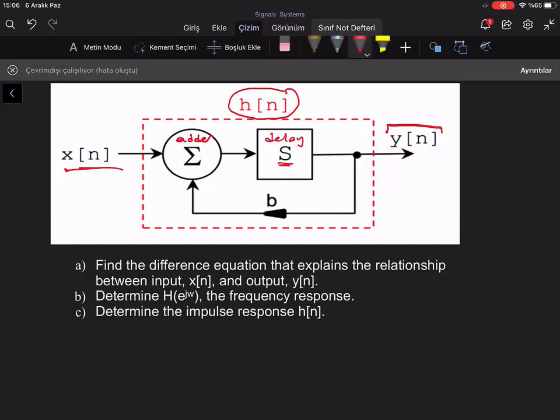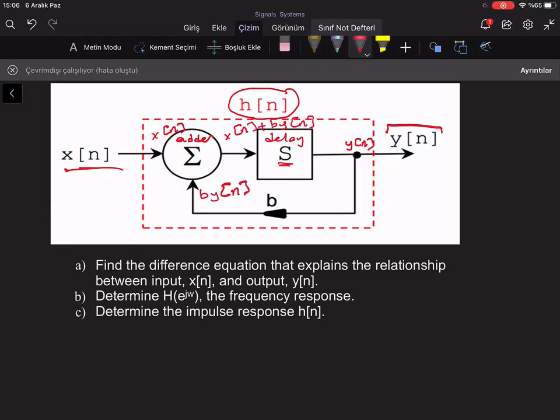So when I look at this problem, I see that I have this input x of n here, and from the other side I obtain y of n, times b, which is b y of n, and I will add these two and obtain x of n plus b y of n here.